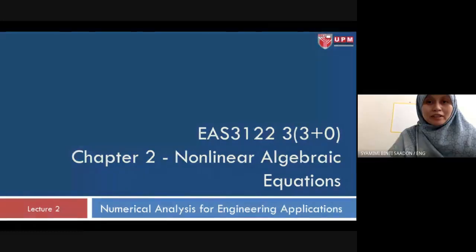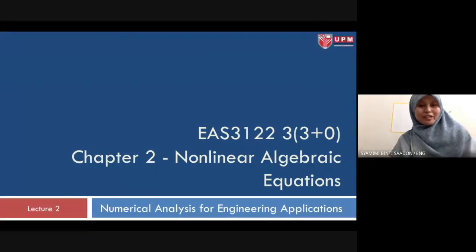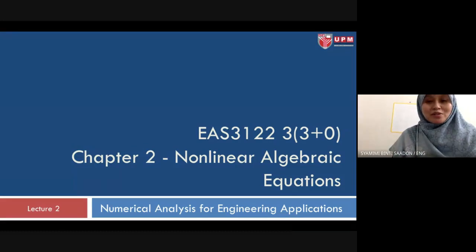So now today we will continue with the second chapter, which is nonlinear. Linear, nonlinear. The objective is the same: the aim is to solve the equation and to find the root, the zero, the x. This is to solve the solution.